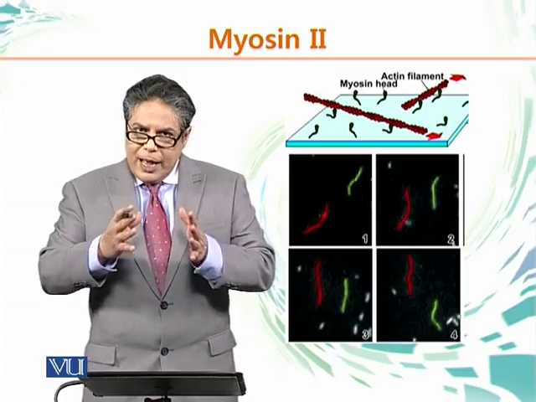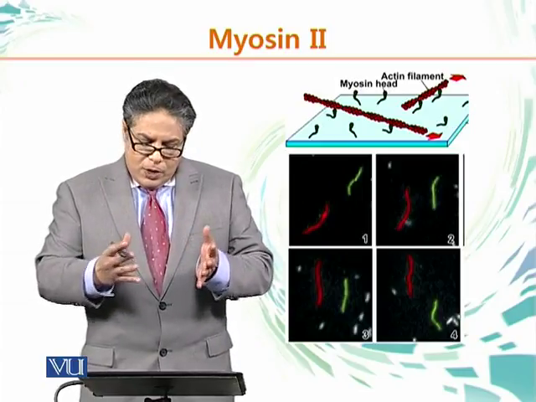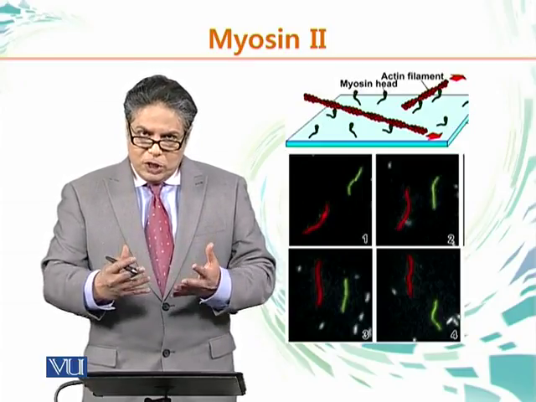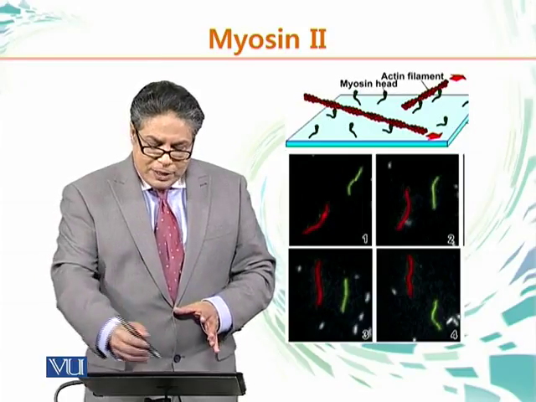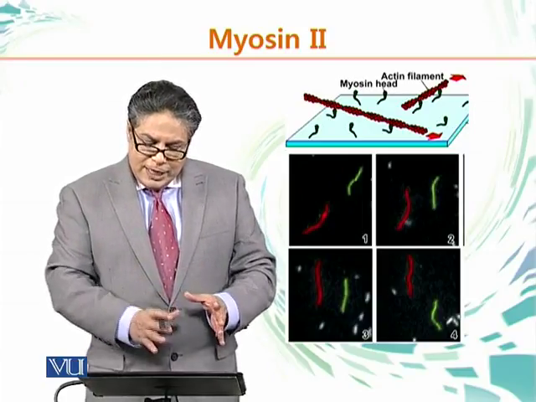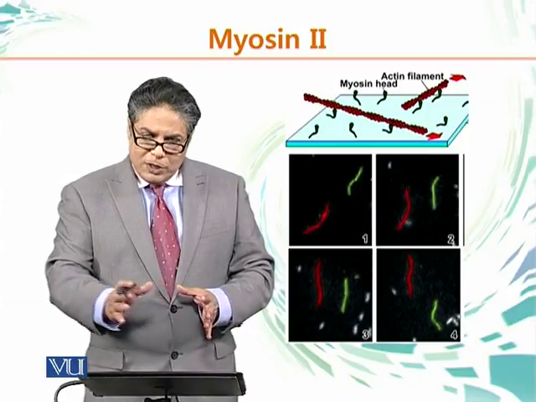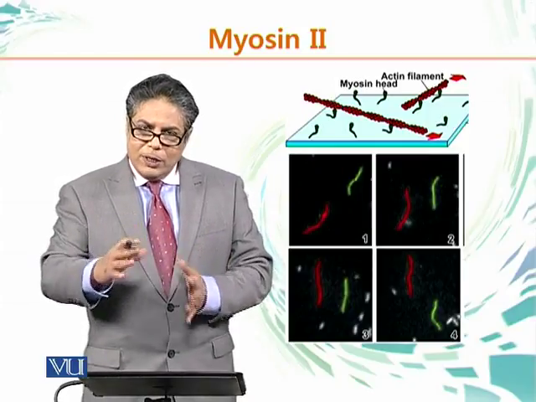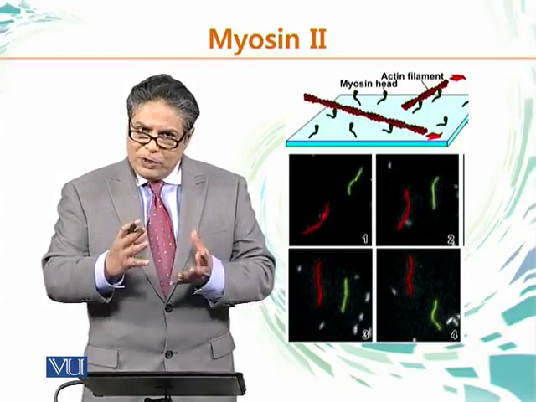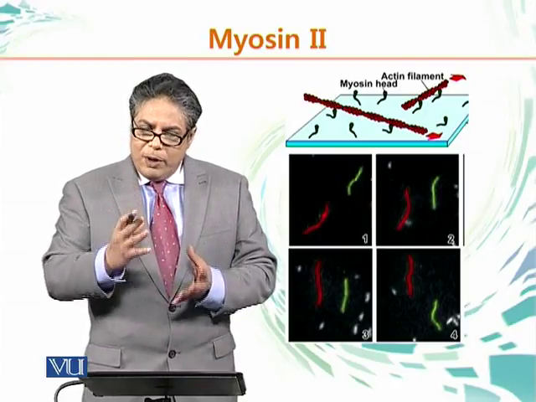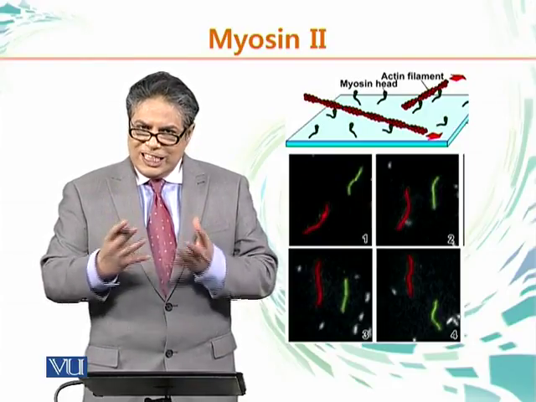How do we know they are moving? You can label them through different procedures. If you follow the panel, you will see these actin filaments are moving along the myosin heads, which have been attached to a solid, stable structure.